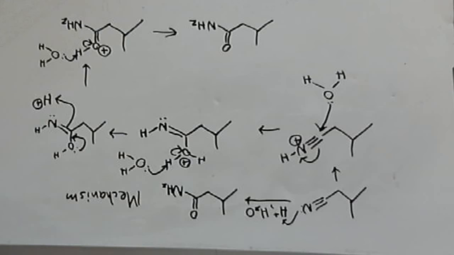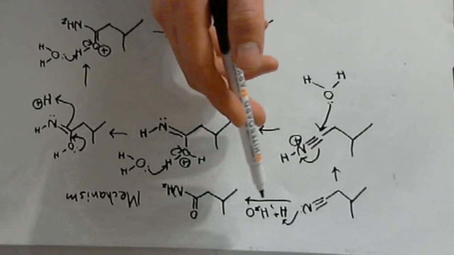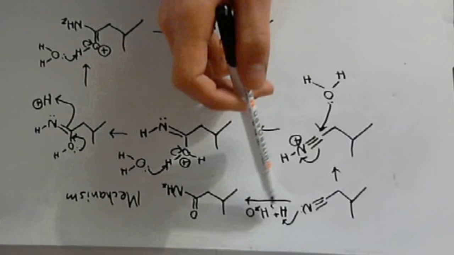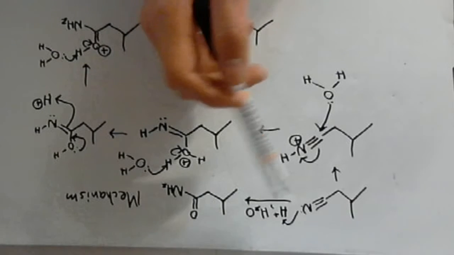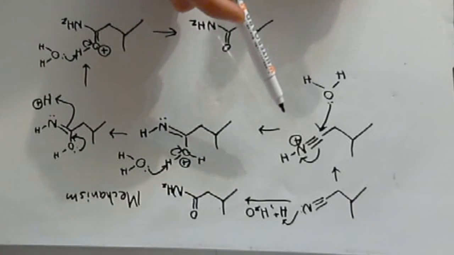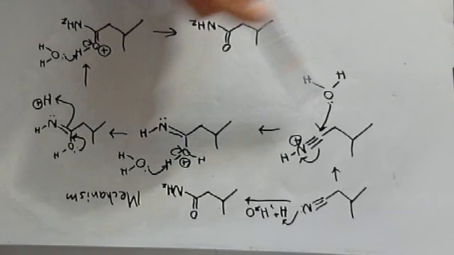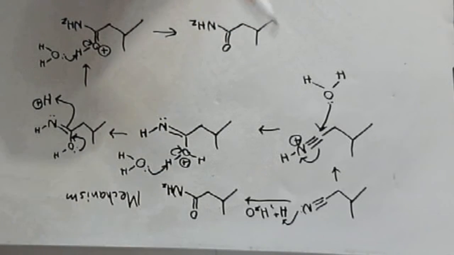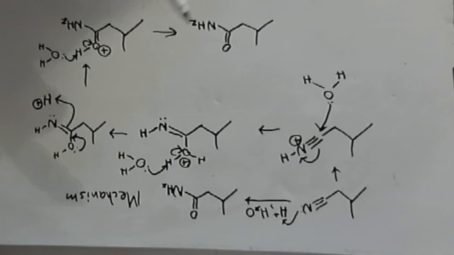So as always, whenever you're trying to do a mechanism problem, don't try to knock it out all in one shot. What you do is you look at your starting materials and see how they interact. You know you have an acid, and that's going to be the first step. So just protonate it with the first step. And look at this molecule. And once you've looked at the protonated molecule, try to think about what it reminds you of.